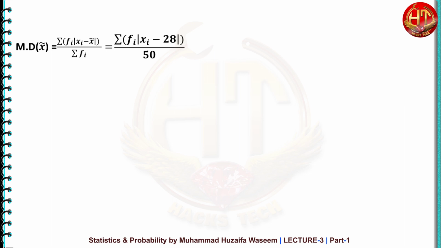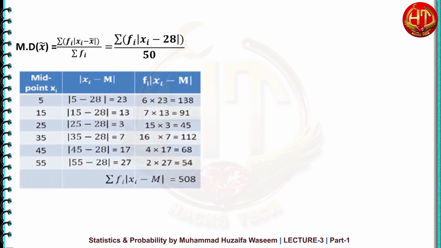First you have to make a column for frequency multiplied by the absolute deviation about the median. So first you have to take a midpoint for each class interval. Make a column for the midpoint of the class interval, lower class limit plus upper class limit, divided by 2, which gives the xi values.